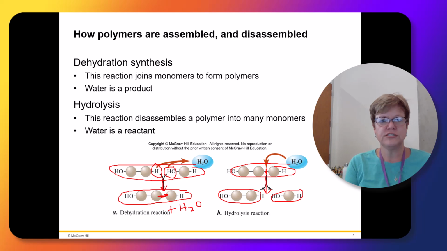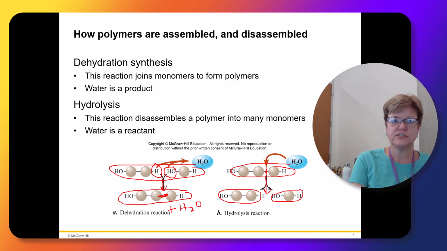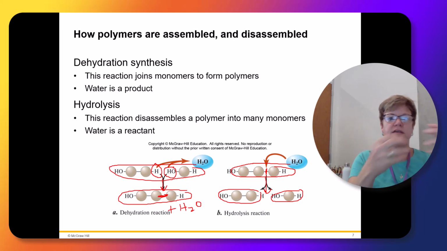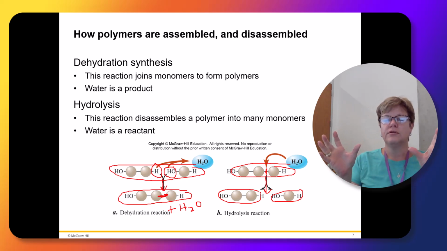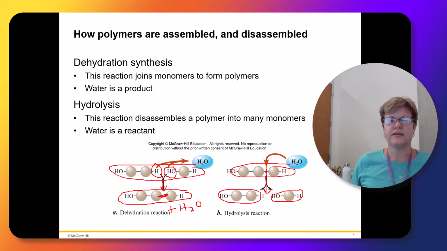So dehydration synthesis is a building reaction. You're taking smaller components and joining them together to create something larger, a polymer. And hydrolysis is the opposite. It starts with a polymer, water is a reactant as well, and bonds are broken, and the products of the hydrolysis reaction are smaller components, monomers, or smaller polymers.